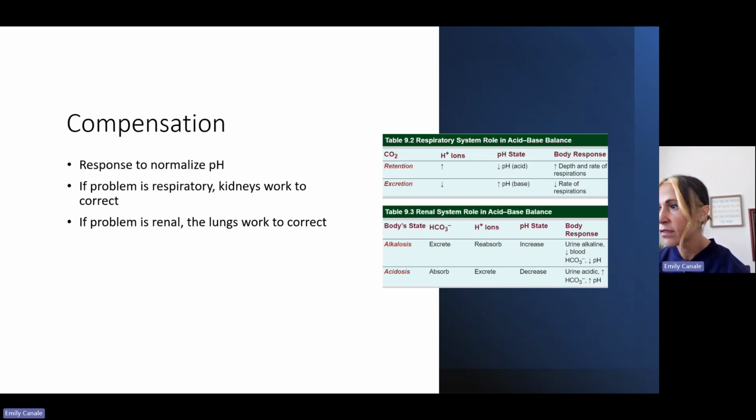So again, if we're retaining CO2, our hydrogen ions would be high, our pH would be low, and your body response is increased depth and rate of respirations. But if we're excreting CO2 and our hydrogen ions are low, our pH is going to be high and our rate of respirations is going to decrease. So you're going to see respiratory compensation.